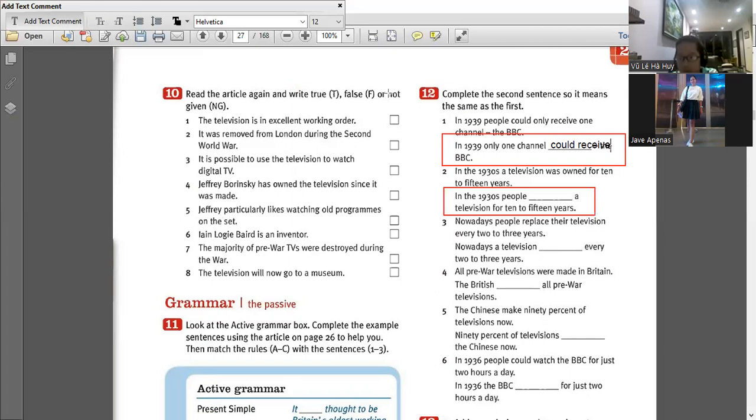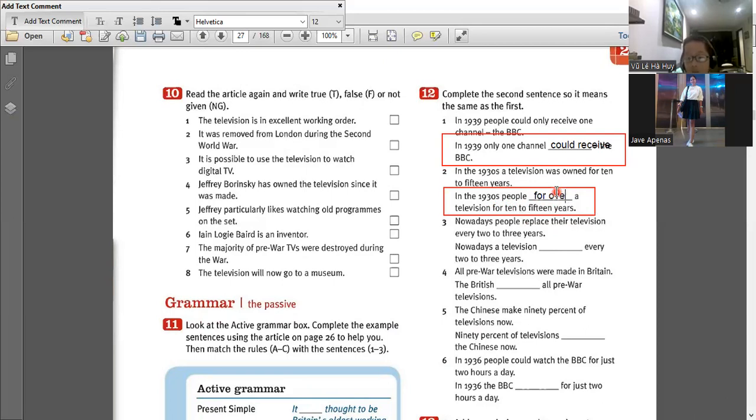In the 1930s, people owned a television for 10 to 15 years. In the 1930s, people for over a television.